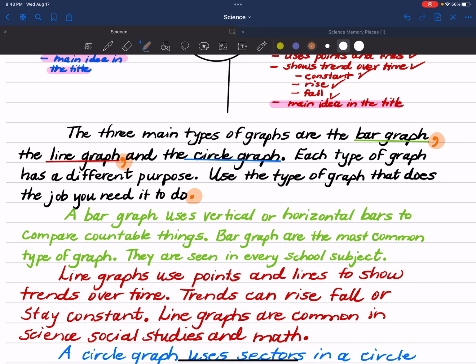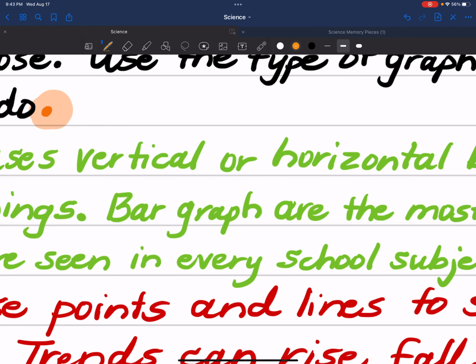A bar graph uses vertical or horizontal bars to compare countable things. Bar graph are the most common type of graph. Let me read that again. Bar graph are the most common type of graph.